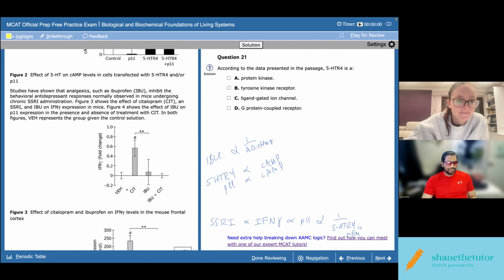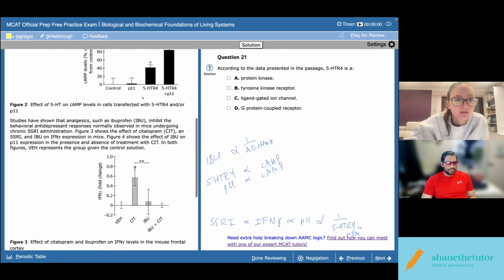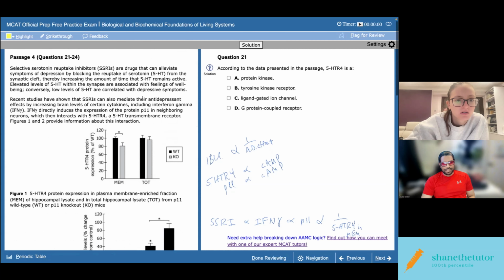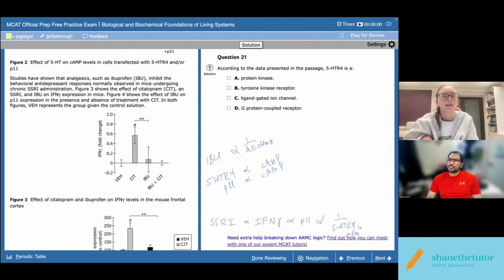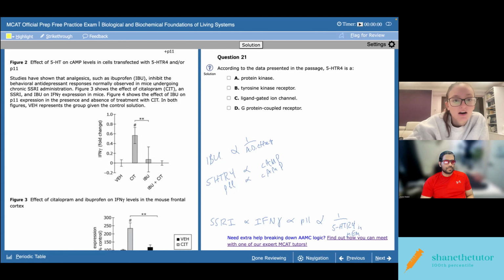So, do we know what citalopram is? They say that it's just an SSRI. Oh, I thought it was saying the effect of this and that one. I couldn't tell that they were saying that it is an SSRI.